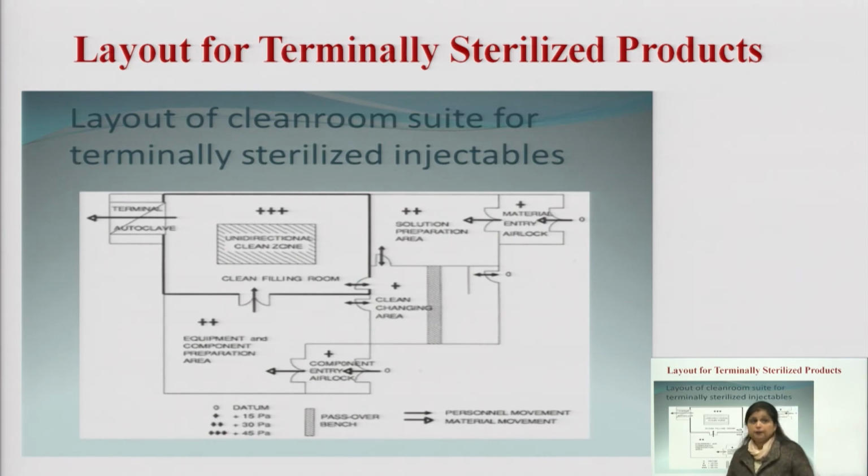For terminal sterilization, as in this case, you can see there will be grade A, grade B, grade C and grade D. This is a plus sign, this is grade D, this is C, this is D, this is C, and this we can see as B, and here we have A. Grade D will have the highest contamination: D, C, B and A.